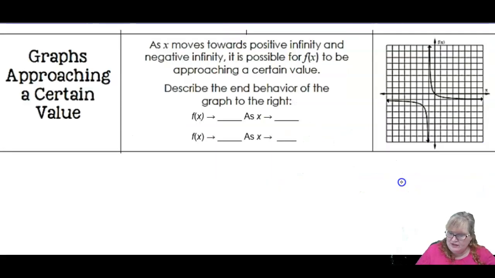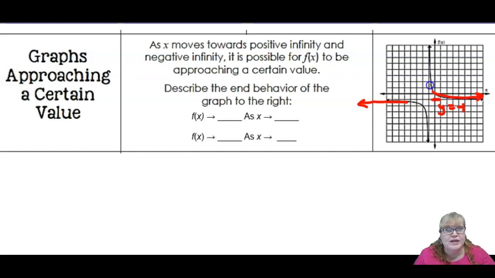All right, the final option for this is that a graph can sometimes approach a value. So as x goes off to the left forever and ever, and off to the right forever and ever, it appears that this is getting closer and closer to a y value of -1 down here.